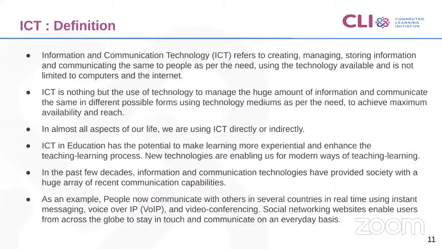It uses technology to manage the huge amount of information and communicate the same in different possible forms using mediums to achieve maximum availability and reach. Like I told you, there is a feature in WhatsApp known as broadcast message, where you can send a message to multiple people rather than one by one. That is one of the ways we can reach maximum availability and reach.